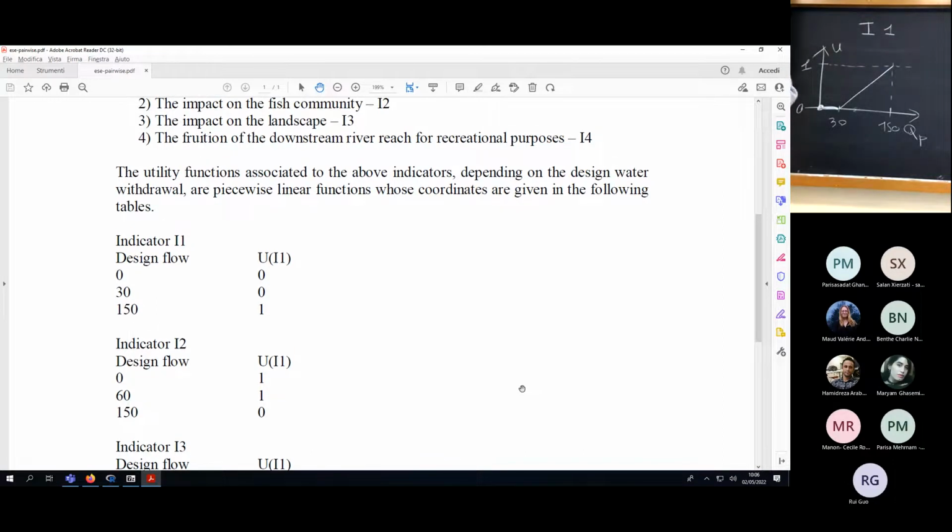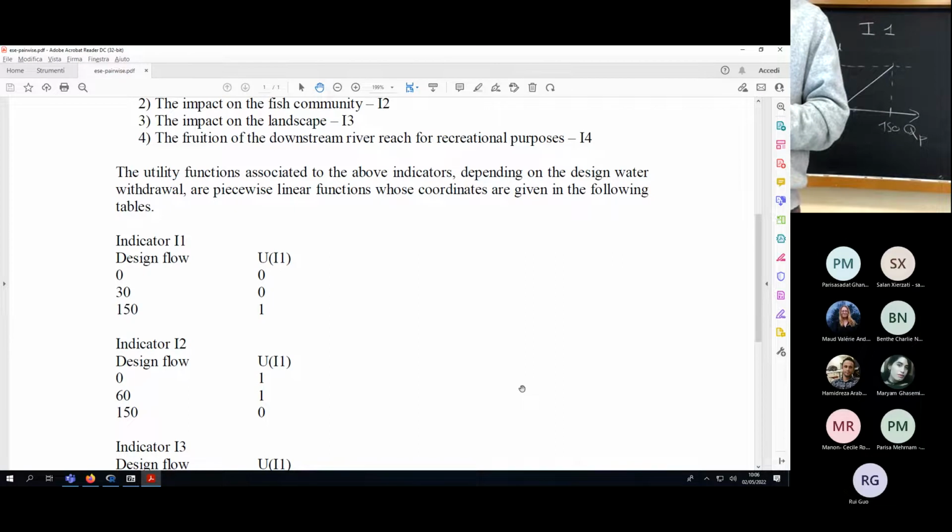The indicator I2 is the impact on the fish community, and therefore it means that in order to estimate this utility function, you need to analyze the dynamics underlying the survival and benefit of the fish community. So it's a completely different analysis, but of course it's possible to associate to each design flow a utility.